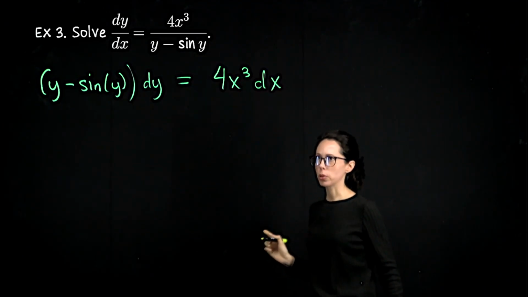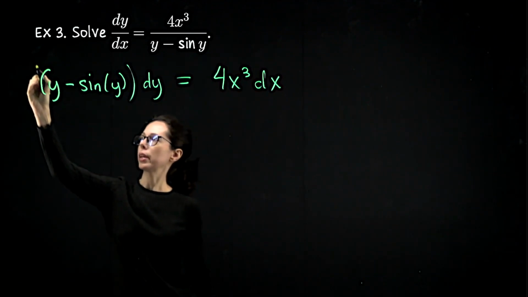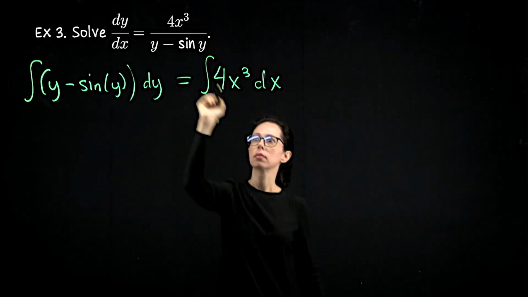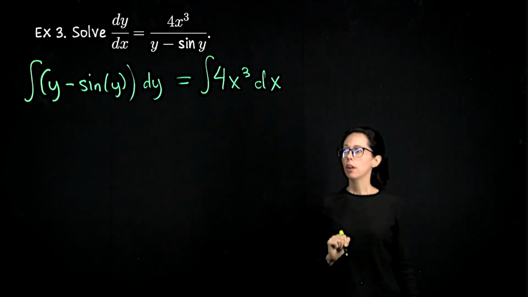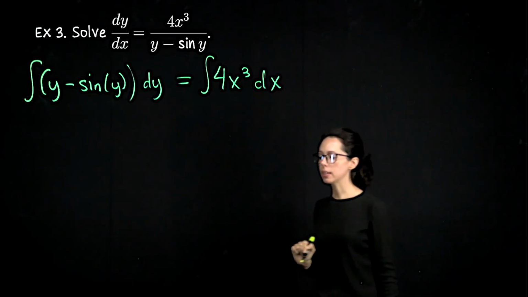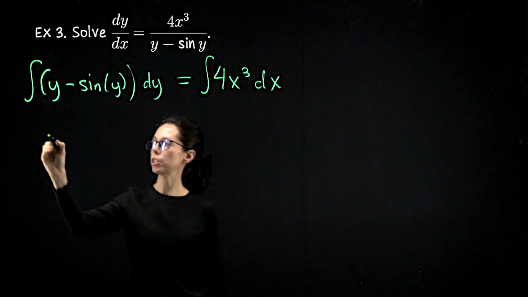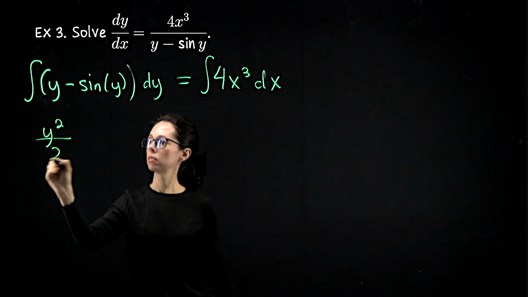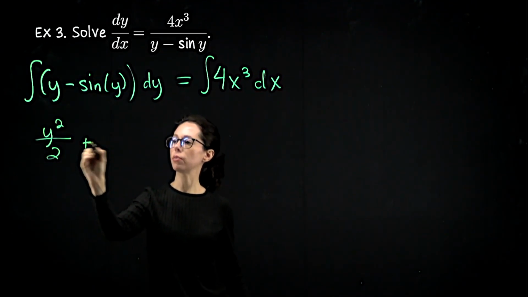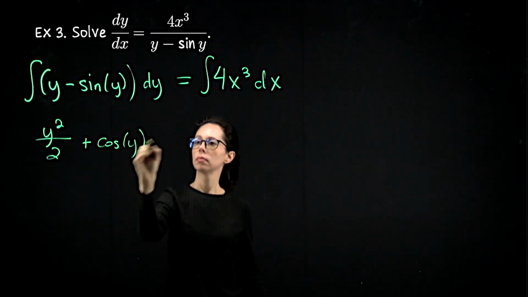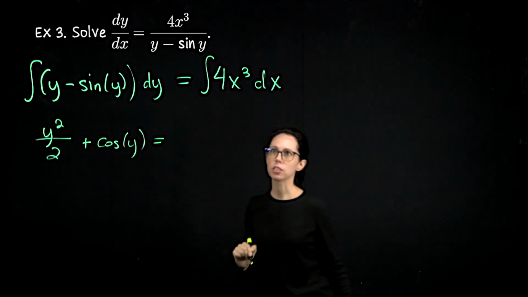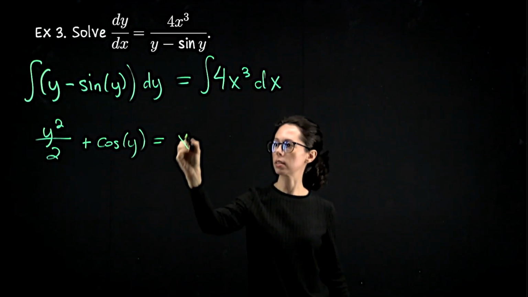And then in the usual way, I'm going to immediately write that we are doing integration. Okay, all right, let's anti-differentiate. The left-hand side, we will have y squared over 2 plus cosine of y. On the right-hand side, just x to the fourth plus our first constant.